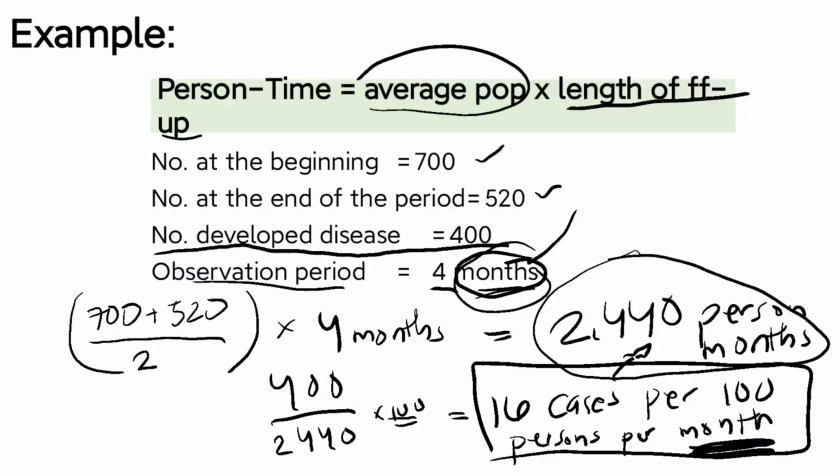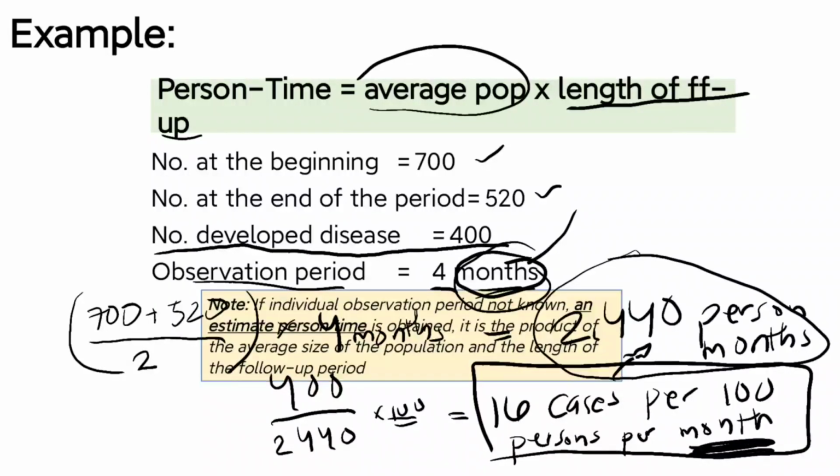You need your person time computation, no? Tapos gawin mo na ulit yung computation natin for incidence rate, which is your incident cases over your person time multiplied by a factor. Tapos yun na yan. Tapos na-interpret mo na lang. Okay? So ayun. May note na naman.